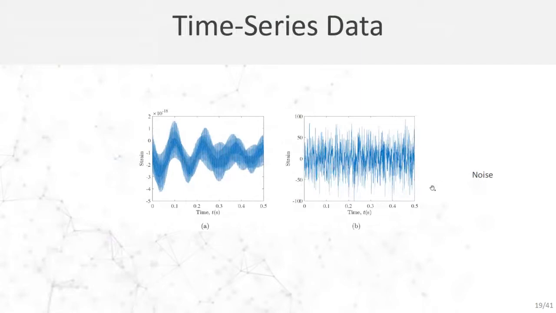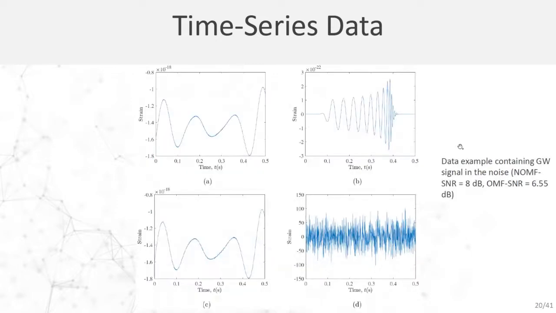So in these slides, we give just a few randomly selected time series data examples to see how they look. So this slide shows the noise data example, where the first figure is the original noise from the detector, and the second one is the noise after the pre-processing.